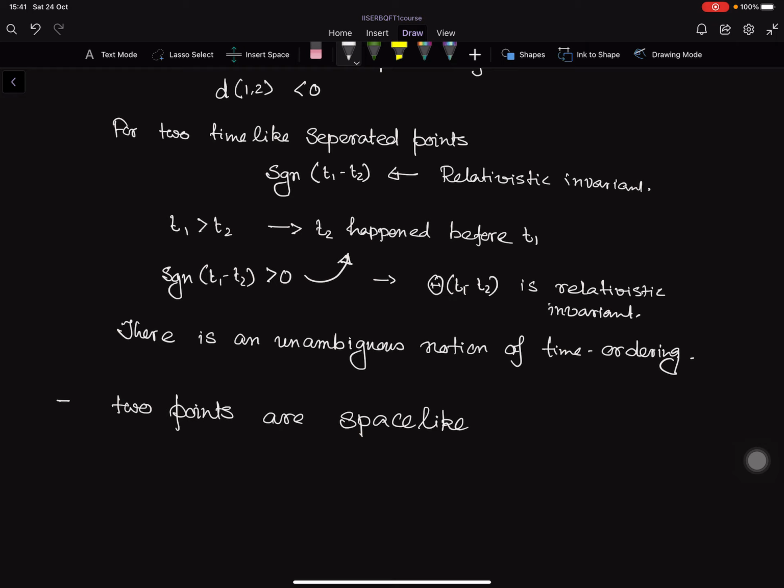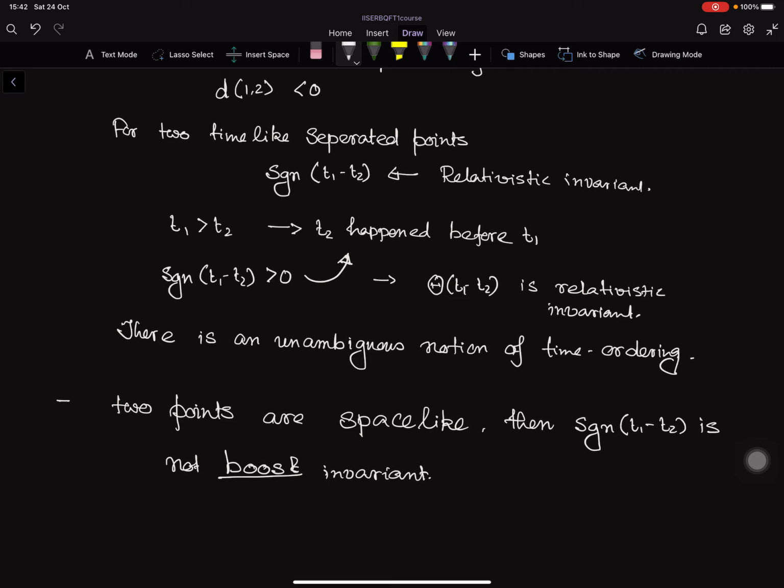You can find it there. Then the sign of t1 minus t2 is not relativistic invariant, which means that which event happened before the other event is not a relativistically invariant notion.